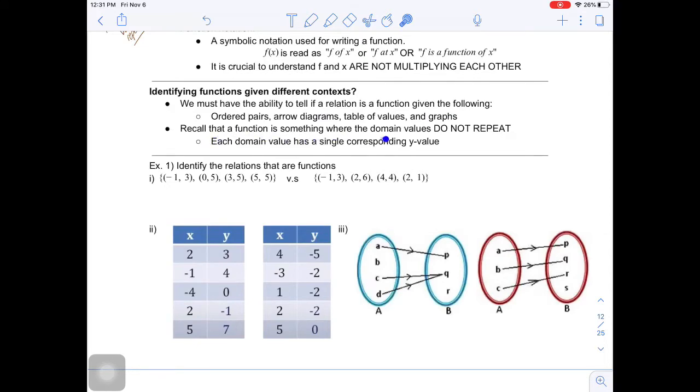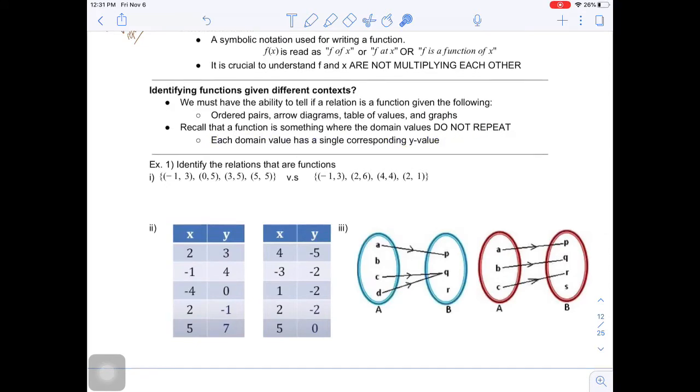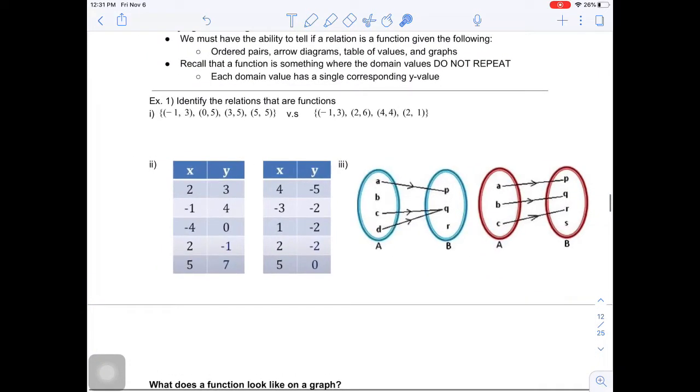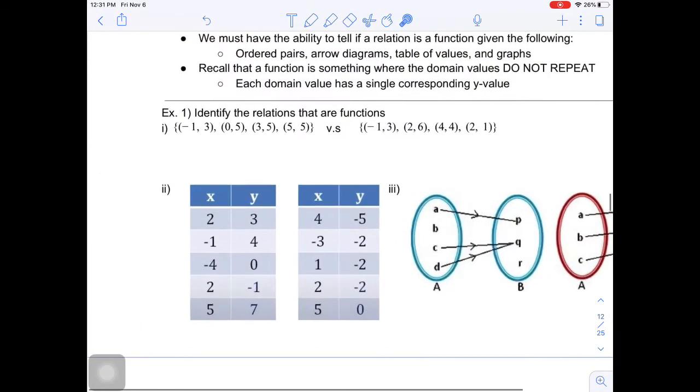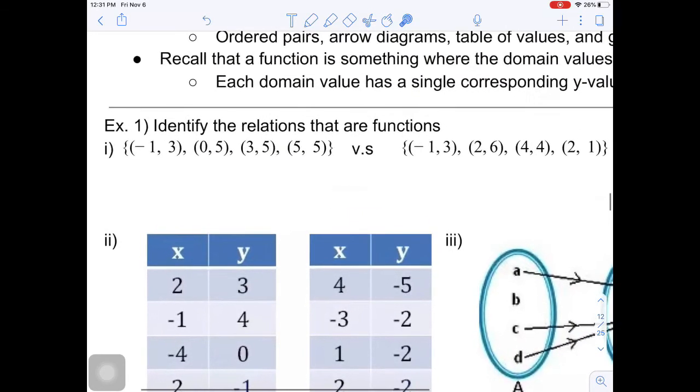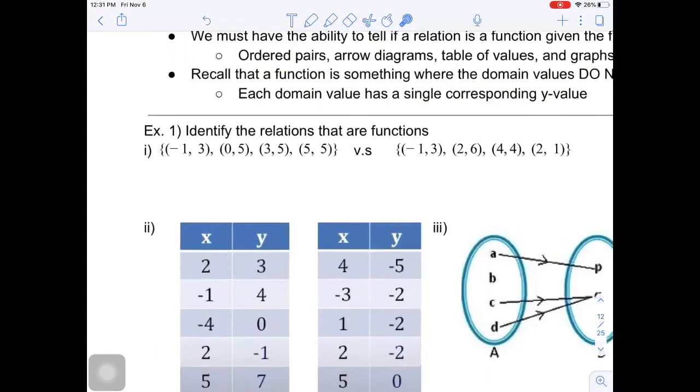Recall that a function is something where the domain never repeats. This is just a quick little refresher. Identify if the relations are functions. Here we have an ordered pair set. Remember, something is a function if no domain values repeat.